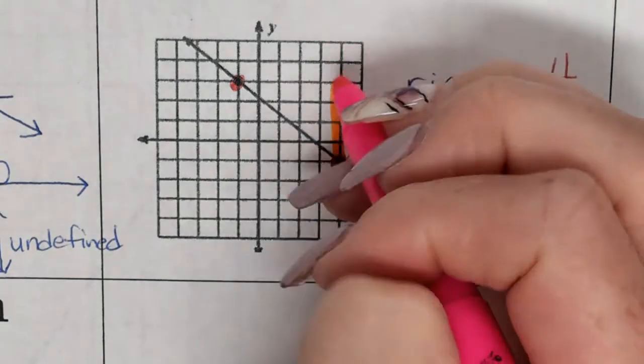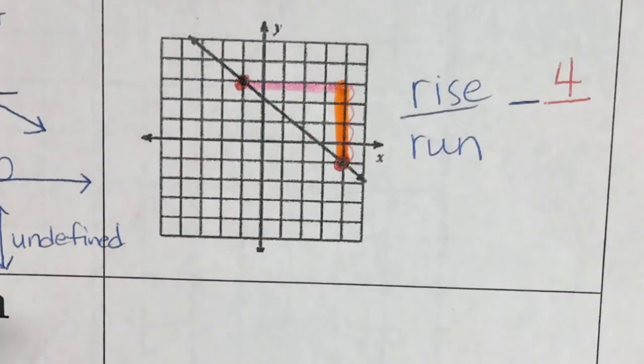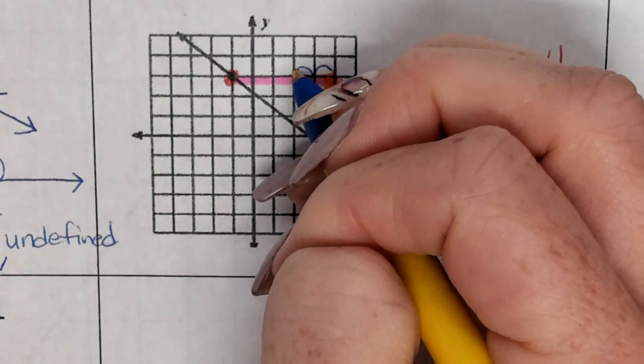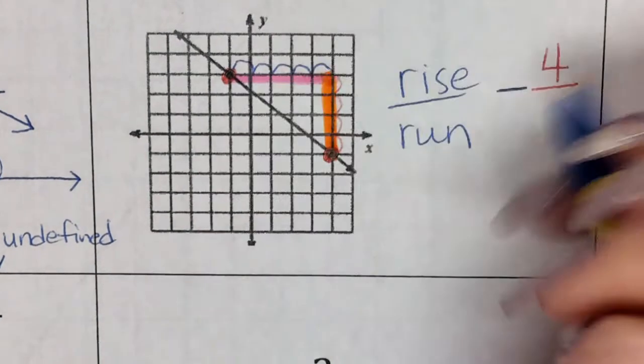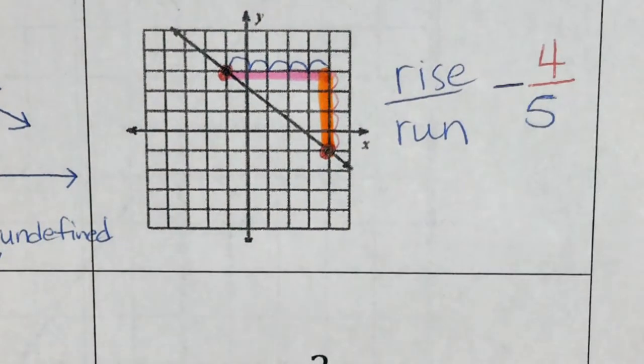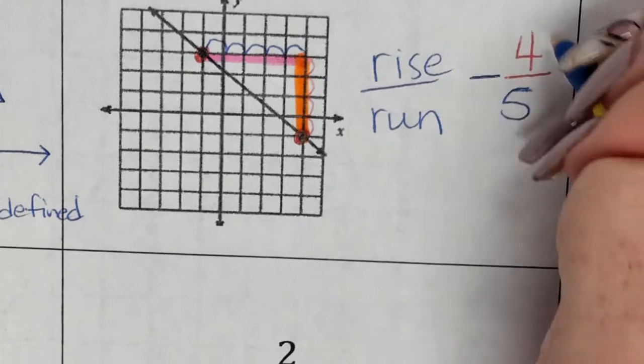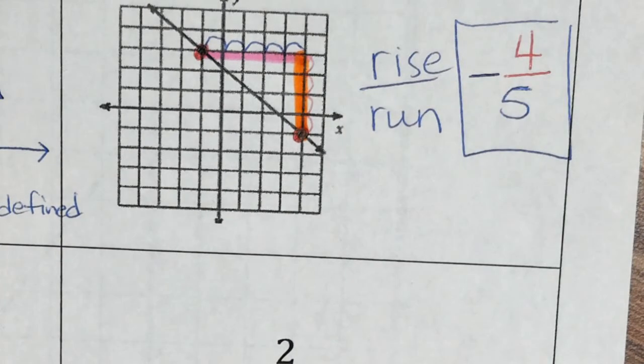What is my run? Because I ran 1, 2, 3, 4, 5. Could I simplify that? No. So that is my slope.